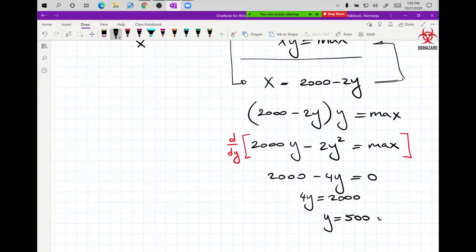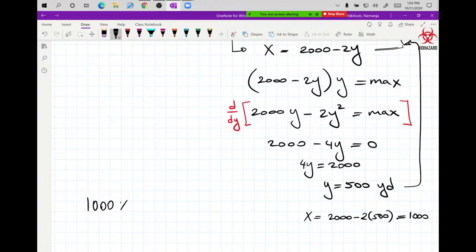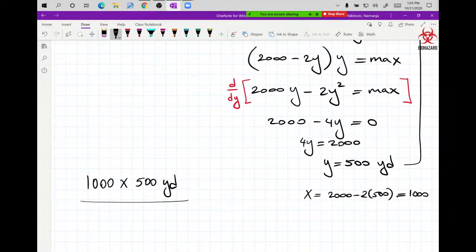Then you go, well, that's what we had before, right? Nothing changed. Yeah, a lot changed, because when you plug this in here, you will get that x is equal to 2000 minus 2 times 500. It's equal to 1000 yard now. So it's 1000 for x by 500 yard on y, and these are the dimensions.